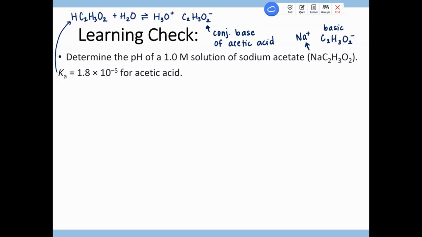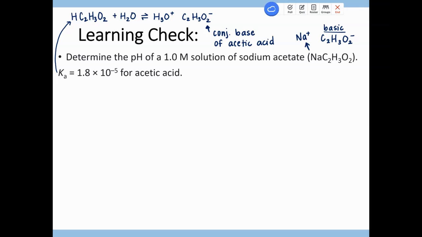Okay, so that's the conjugate base of acetic acid. So sodium acetate will be basic overall. Now we need to think about what happens when sodium acetate is added to solution.